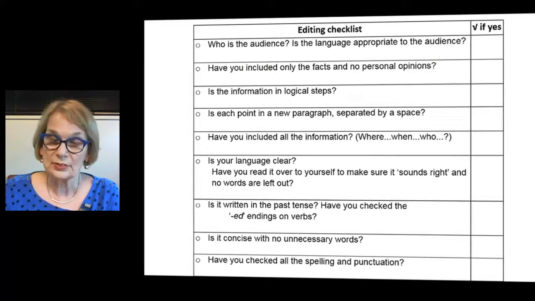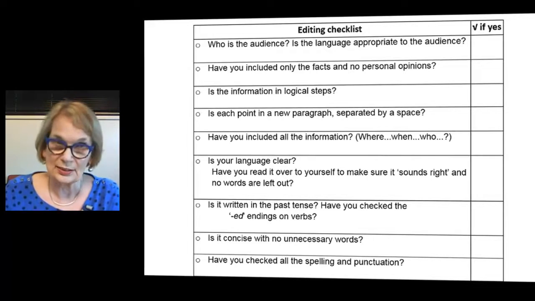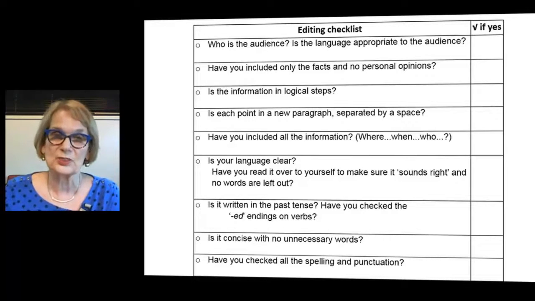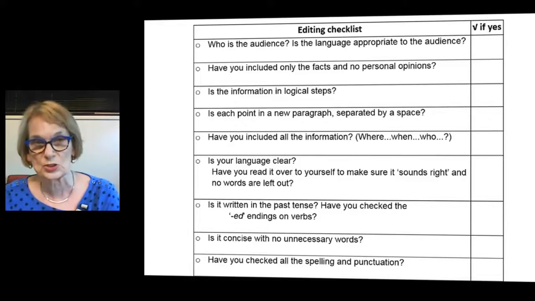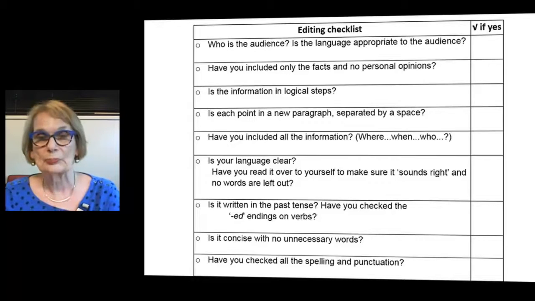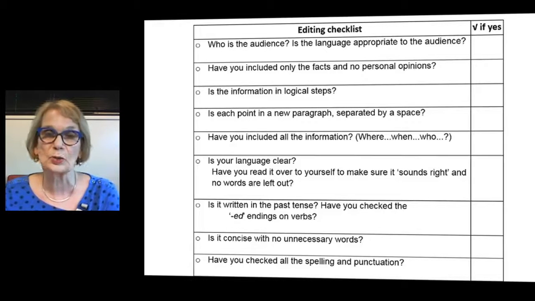And then when they've written it, don't let them hand it over to you and say, is this all right? They have to edit it first, but they have to have some criteria against which to edit it, and giving them an editing checklist is really important for any sort of writing you ask your students to do. There are some examples in the Write Ideas resource, so have a look at that.